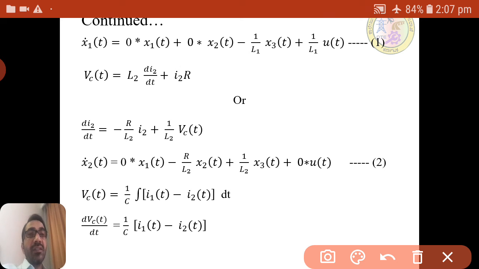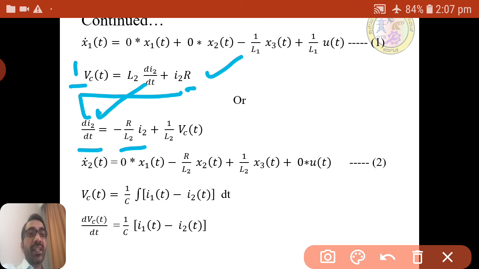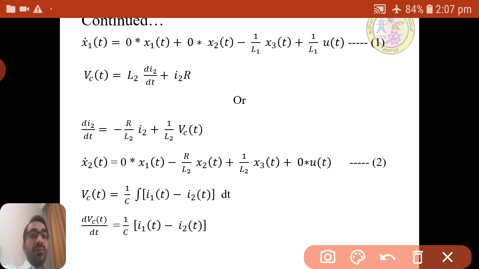And next, let us consider the second loop, that is Vc of t is equal to L2 into di2 by dt plus I2 R. So if you take di2 by dt separately as the LHS, it is minus R by L2 into I2, plus 1 by L2 into Vc of t. Again, let us write it in state equation form.